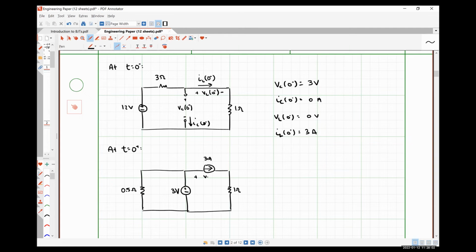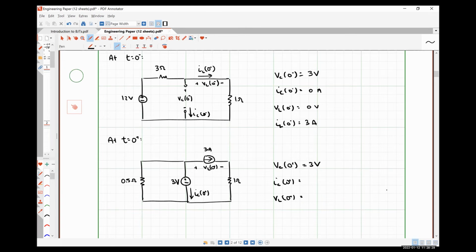This guy right here is VL at 0 plus, which is an unknown quantity. This guy right here is IC at 0 plus, which is also an unknown quantity. So we have VC at 0 plus, 3 volts. IC at 0 plus, we don't know. VL at 0 plus, we don't know.